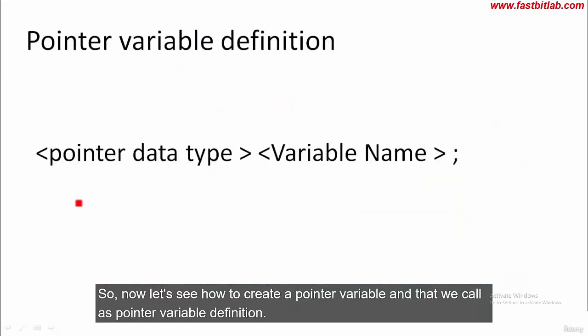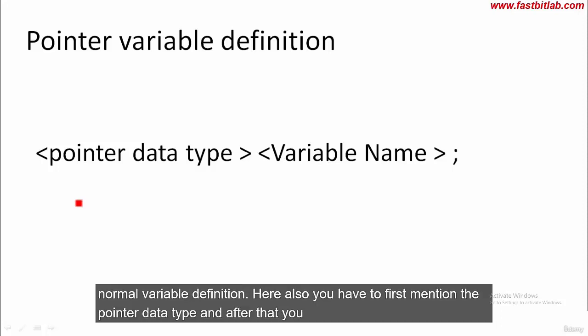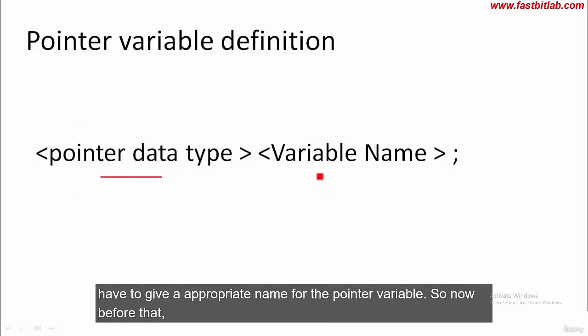Now let's see how to create a pointer variable, which we call pointer variable definition. Same as your normal variable definition, here also you have to first mention the pointer data type, and after that give an appropriate name for the pointer variable.